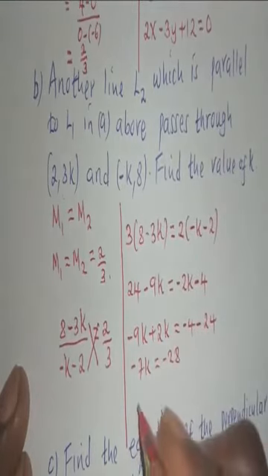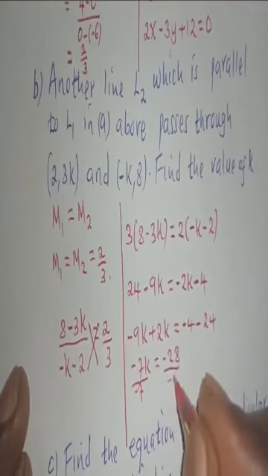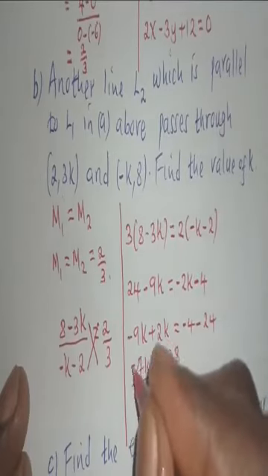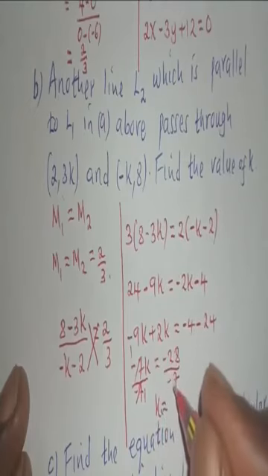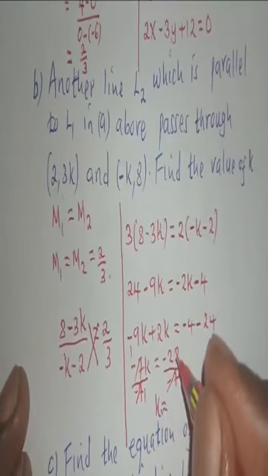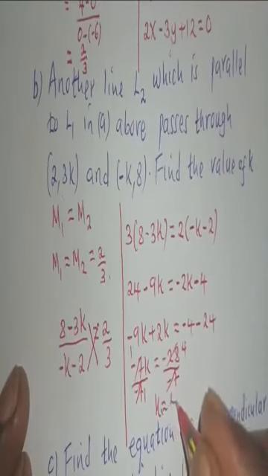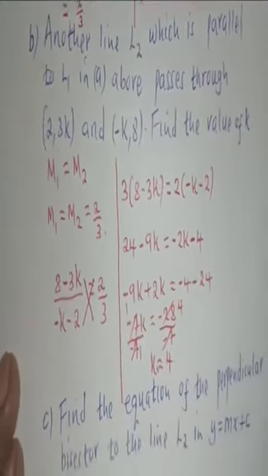So we divide both sides by negative 7 so that we remain with the value of k. Negative 7 divided by negative 7 is 1. So k equals negative 28 divided by negative 7, that will be 4. So the value of k is 4.